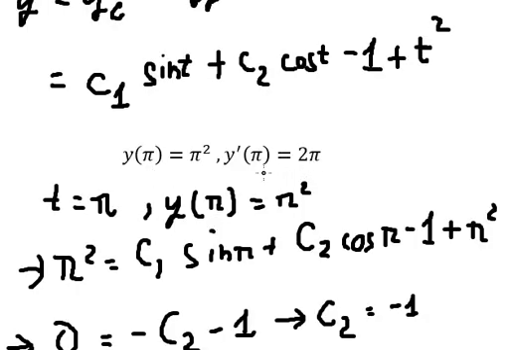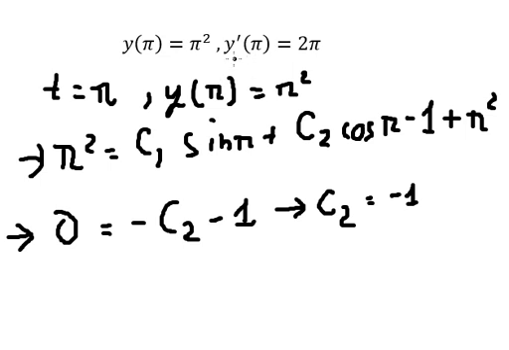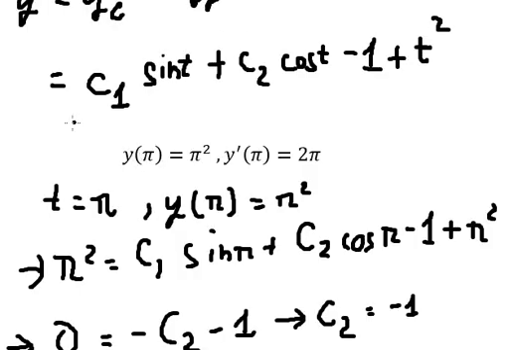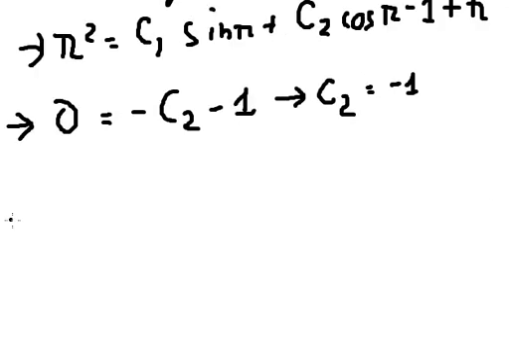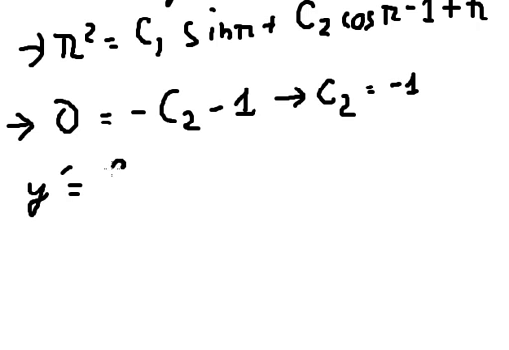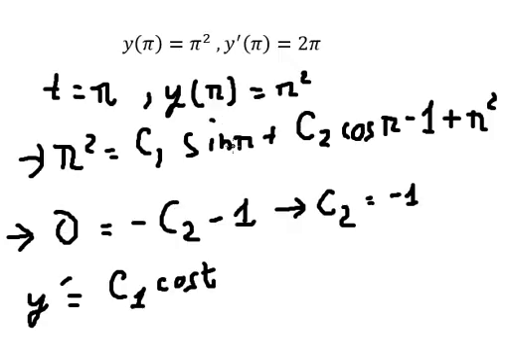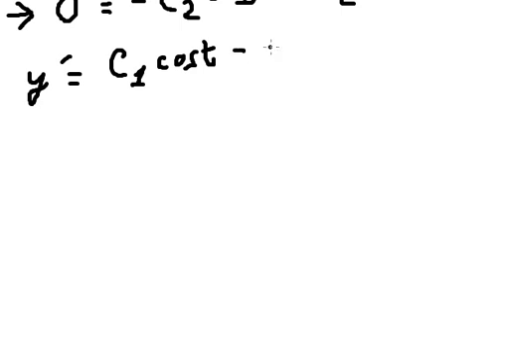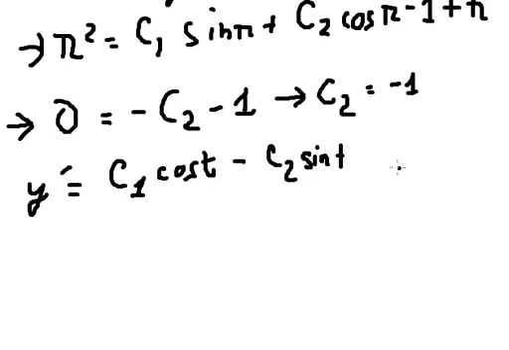Now we have the second condition. To find this one, we need to take the first derivative. So we have like this. The first derivative of c1 sine t is c1 cosine t, the next one we have negative c2 sine t, and the next one we have 2t.